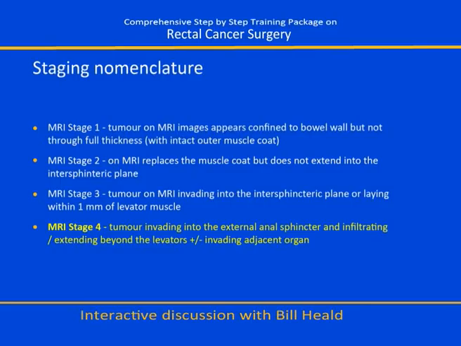So in the low rectum, stage 1 is tumour that's not through the muscle coat at all, so essentially it would be equivalent to a T-stage 1. Stage 2 is those tumours that have gone into the muscle coat, so it would be a stage T2, but have not got into the intersphincteric plane.